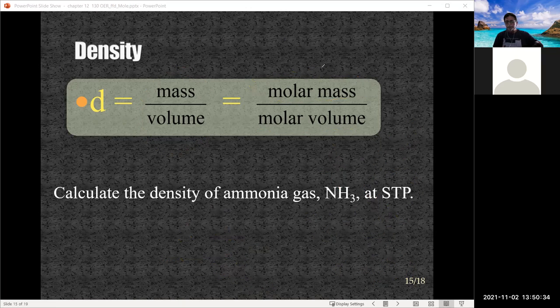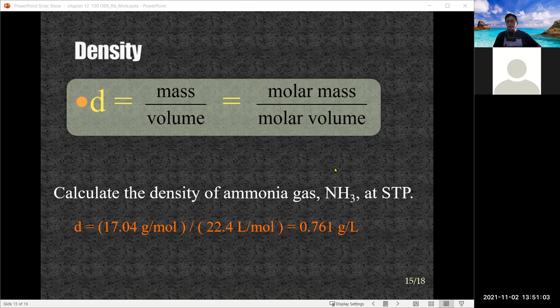Let's plug it in. So for ammonia, we just need to find the molar mass of that gas, and we know how to do that now, right? We just add up the contribution of all the atoms in ammonia. We have 1 nitrogen at 14, 3 hydrogens at 1.01 each.